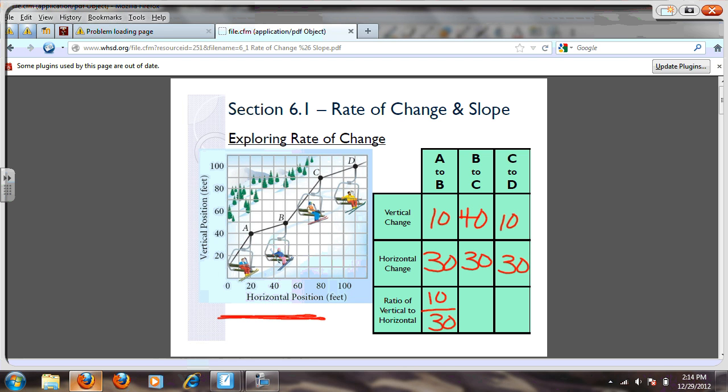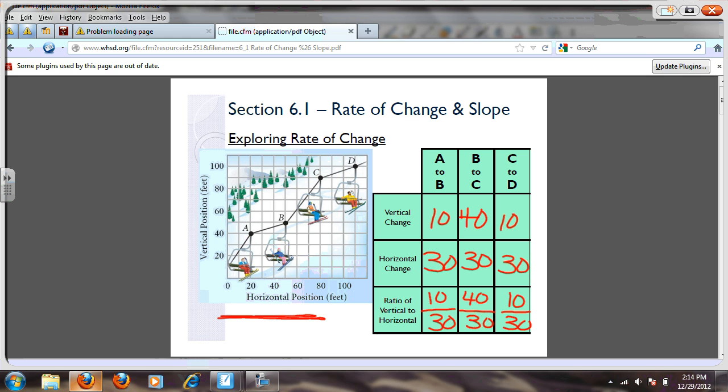Vertical, Maverick? 40. Horizontal, Chloe? 30. Okay? Now from C to D, vertical to horizontal. Vertical on C to D, Nathan, is 10. And horizontal from C to D, Lila, is 30.